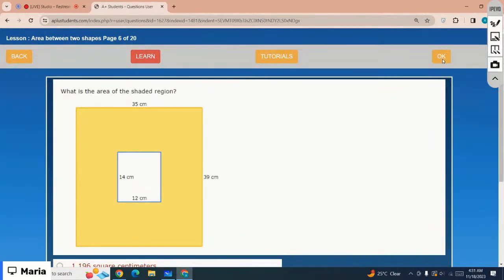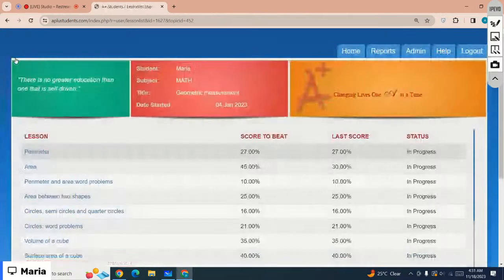And the next lesson is, okay, the next lesson is circles, semicircles, and quarter circles. Let's just start with the first lesson.